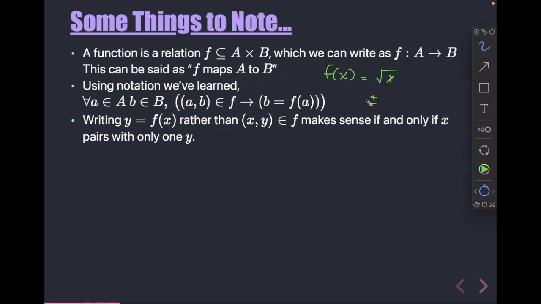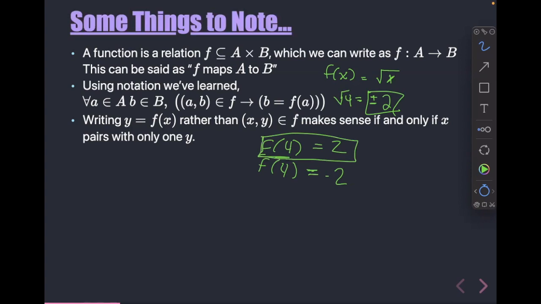You get a positive value and a negative value. So the square root of 4 is plus or minus 2. There are two possible values, so I can't say F of 4 equals 2, because that doesn't capture the whole picture, since F of 4 also equals -2. So this notation should only really be used if it's a function.